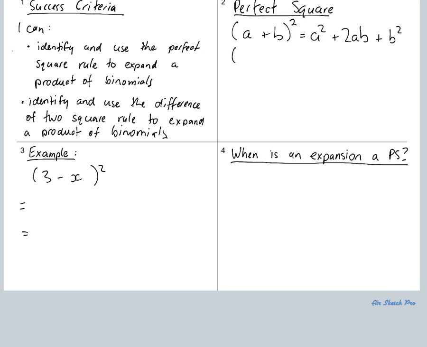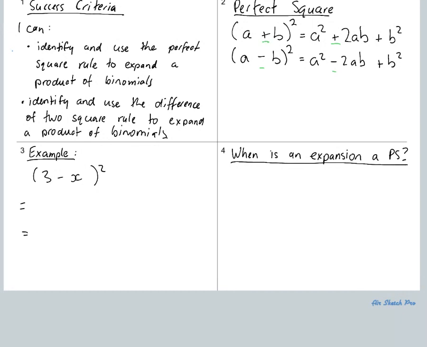If instead you have two terms subtracted from each other and the whole thing is squared, then it's a similar pattern, like so. We square the first one and we square the last one. It's the middle term that's different. Instead of adding, we take away. So can you see that the sign in the middle repeats itself for the middle term?